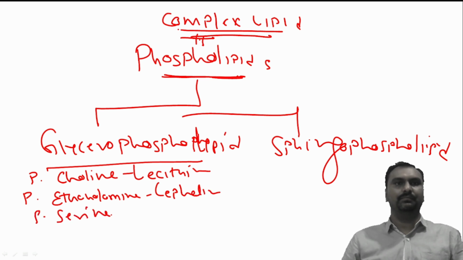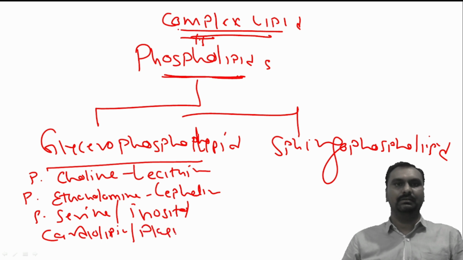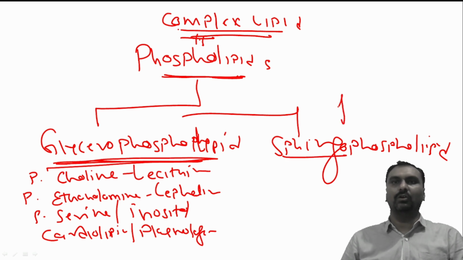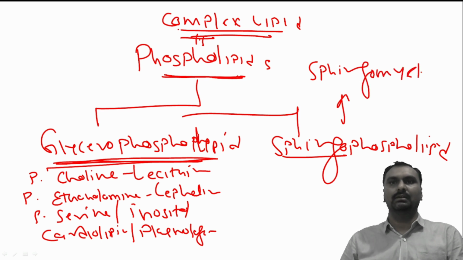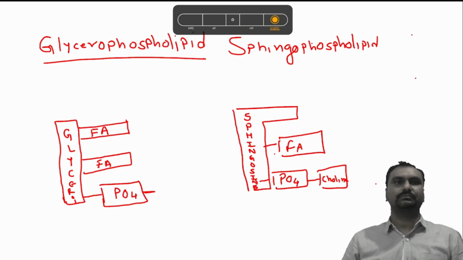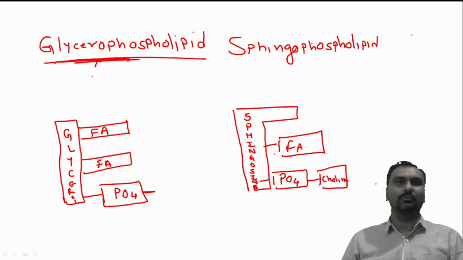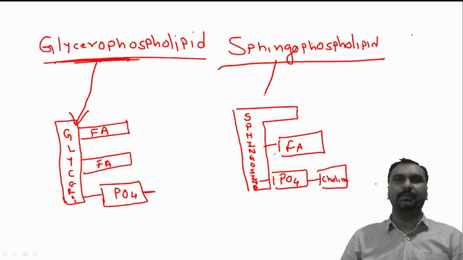Phosphatidylserine, phosphatidylinositol, cardiolipin, and plasmalogen. These are the examples of glycerophospholipid, while the example of sphingophospholipid is sphingomyelin. You can see here that in glycerophospholipid the alcohol is glycerol, while in sphingophospholipid the alcohol is sphingosine.